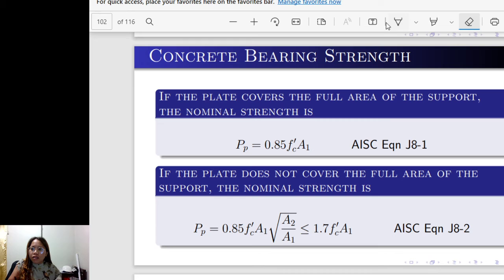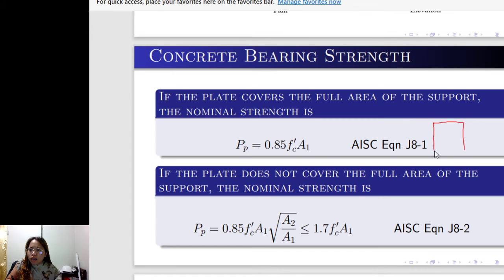Like if this is your column, top view dimension, full area of the support, and this is the length of your bearing plate, L sub B over B. So this is your nominal strength.